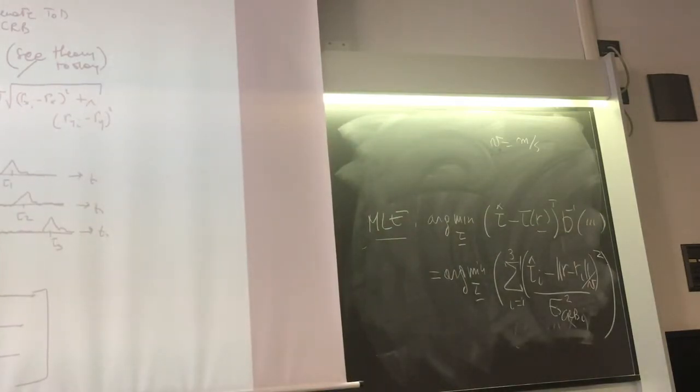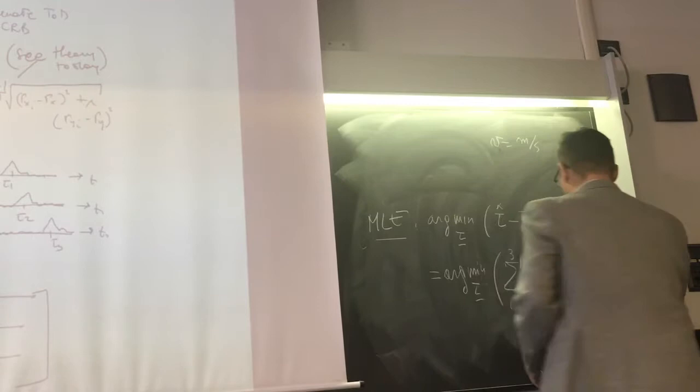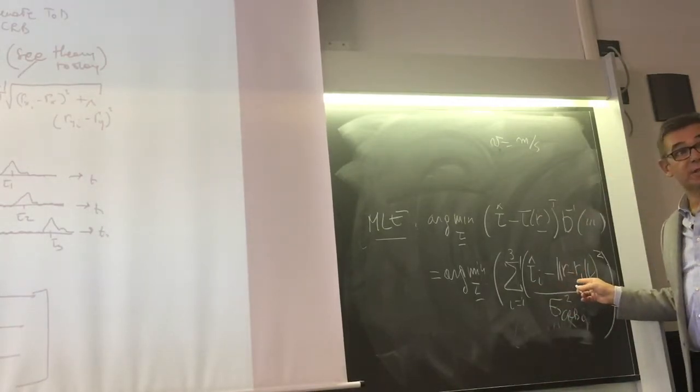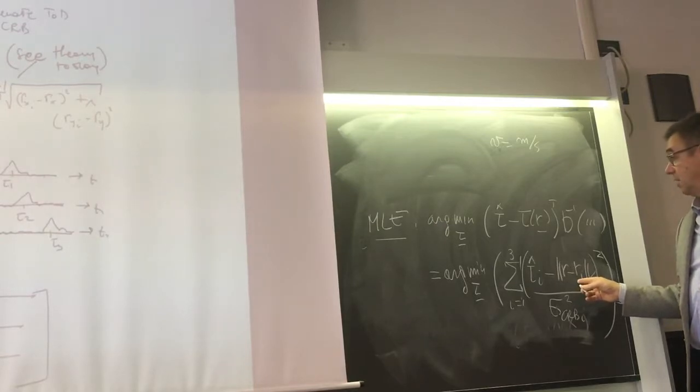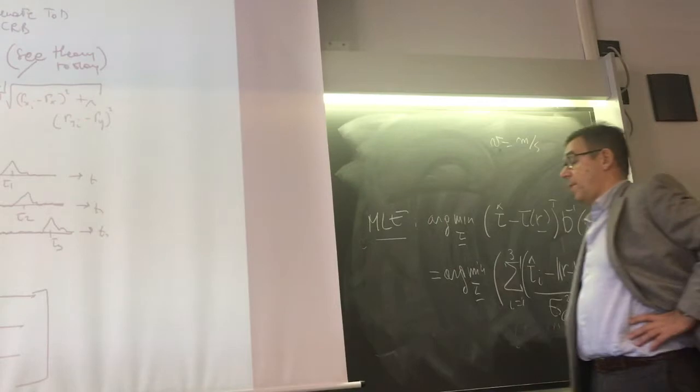You put me in the dimension in the right position. That is the maximum likelihood for that. So I take the estimate of the time delay and put it in relationship with the relative distance by writing the maximum likelihood in the general form.